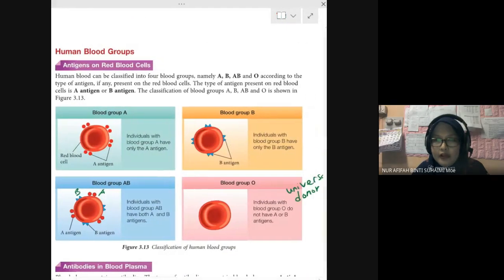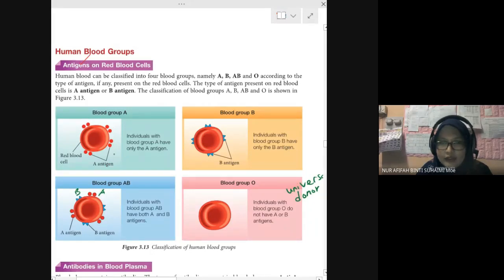We have four types of human blood group. How to determine the blood groups depends on antigens, antigens that stick on the red blood cell. If you look at the diagram here, figure 3.13, there are four types of blood group: A, B, AB, and O. At the surface of the red blood cell, there is a structure known as antigen.